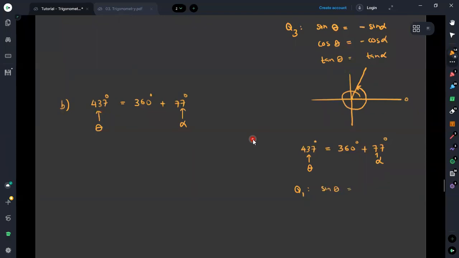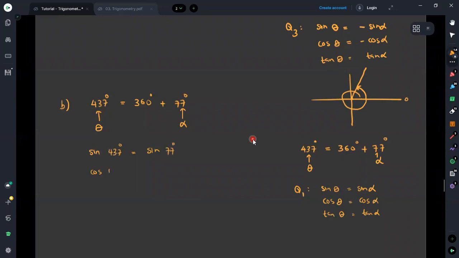Sine theta is equal to sine alpha. Cosine theta is also equal to cosine alpha. Tangent theta is equal to tangent alpha. Therefore, we can say the value of sine 437 degrees is equal to sine of the associate acute angle 77.